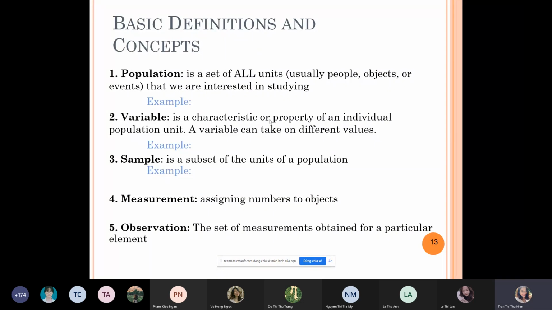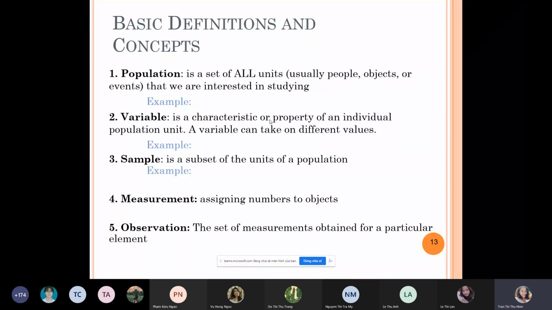Okay, so we will have an example here for you to understand each word. Actually, many situations require information about the larger group of elements, but because of high cost and other considerations, data can be collected from only a smaller part of the group.